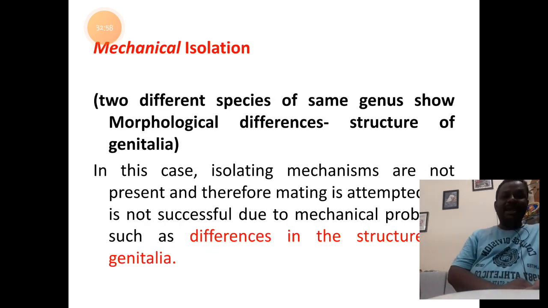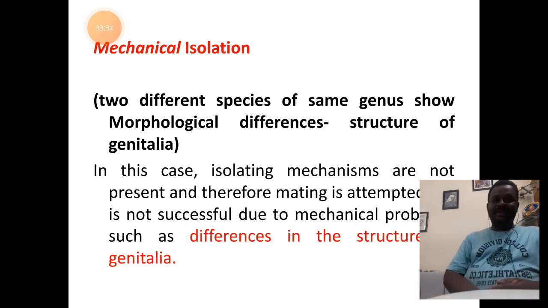The next type of pre-mating reproductive isolation is mechanical isolation. Students, even this type is important for the exam. Here, two different species of organisms show morphological and anatomical changes in their reproductive organs, but they look similar and they share a common geographical area, or even sometimes a different one.